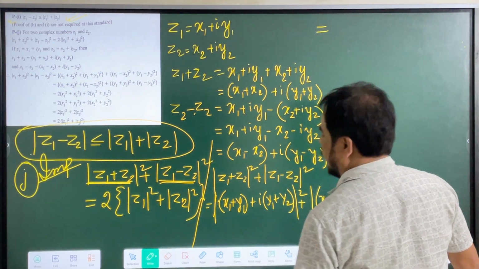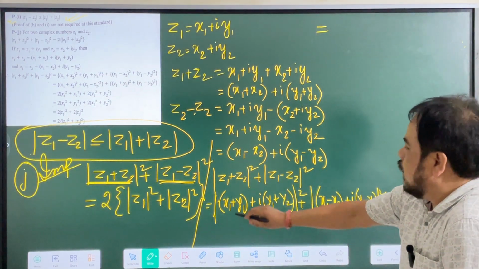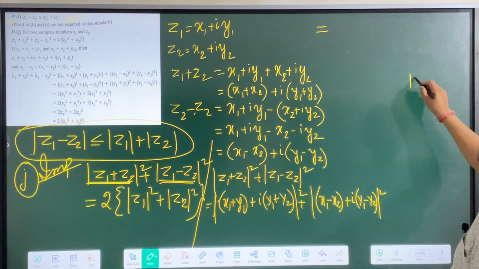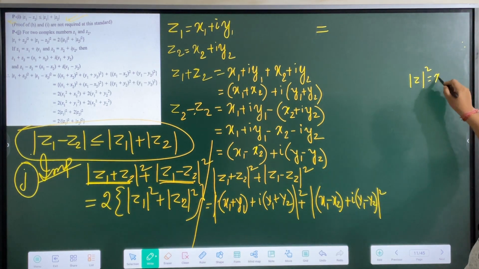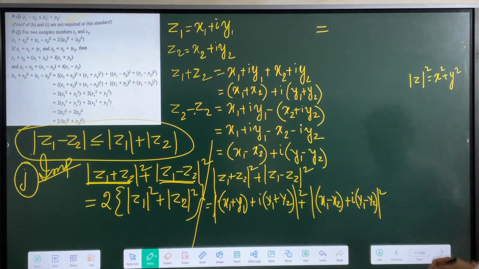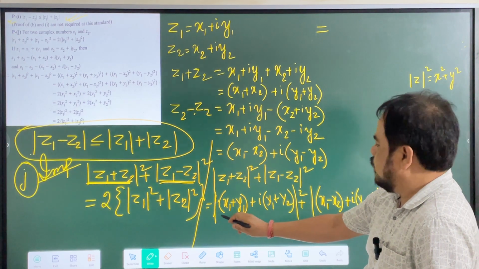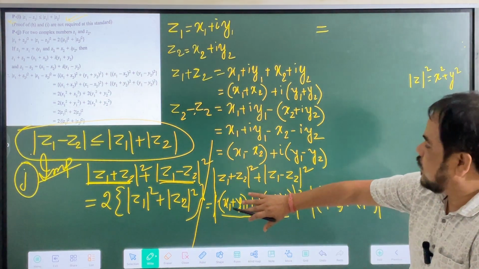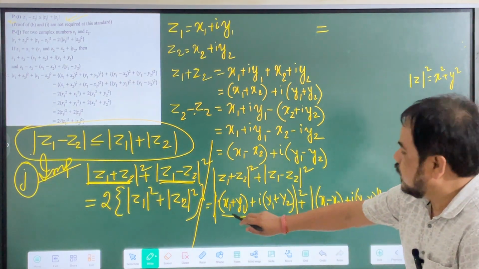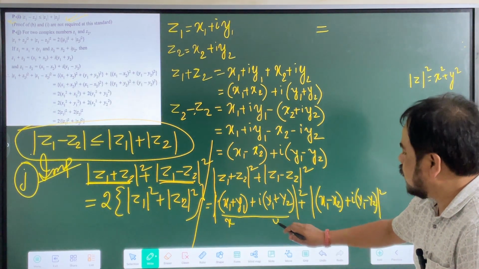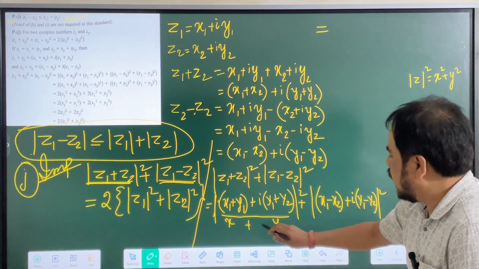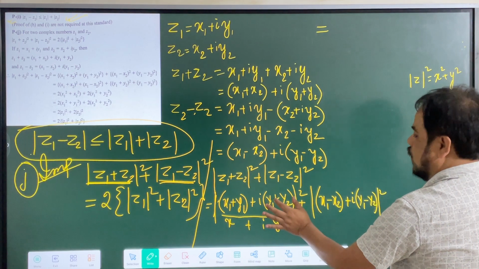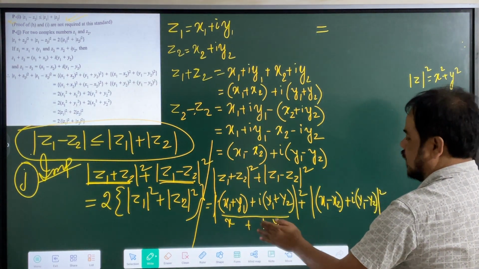Now same thing we will do here. Look here, modulus of z1 plus z2 square. Let me show you again. Modulus of z square is equal to x square plus y square. This is z, this is x, this is y: x plus iy.